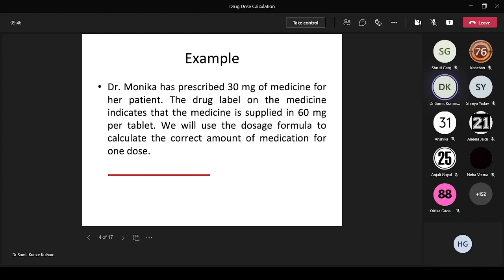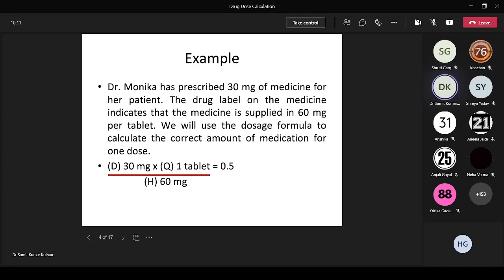Okay. So we have this formula: doctor's order. Doctor's order is 30 milligrams. Supply on hand will be 60 milligrams, because it is the strength in which it is available to us. Q will be the quantity: 60 milligram is available in how many tablets?